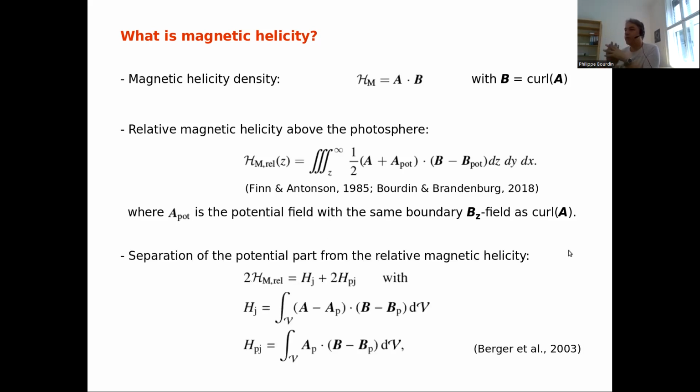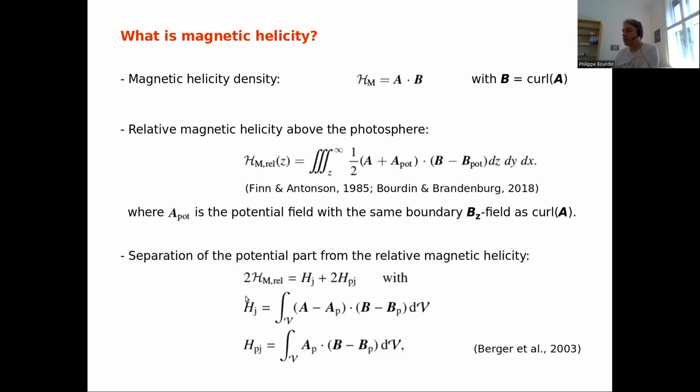And what we can then do in principle is separate two parts from here. I will maybe show the consequences of that later. So the relative magnetic helicity can be separated into one part, which is the potential part, and a second part, which is the non-potential, so the current carrying helicity and the potential current helicity.